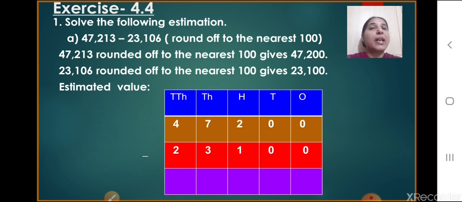So children, here minuend and subtrahend are being given and we have to round off them to nearest 100 to get the estimated value. So first let's round off the minuend, which is 47,213, and we have to round it off to nearest 100.